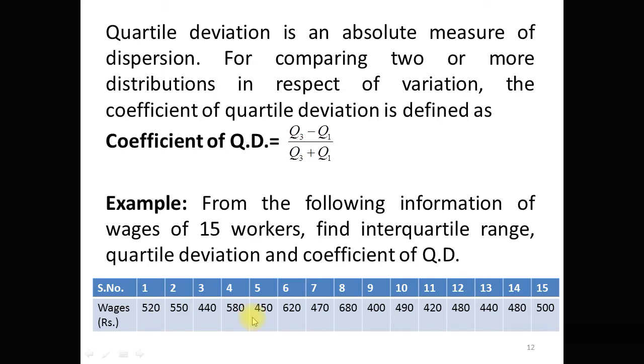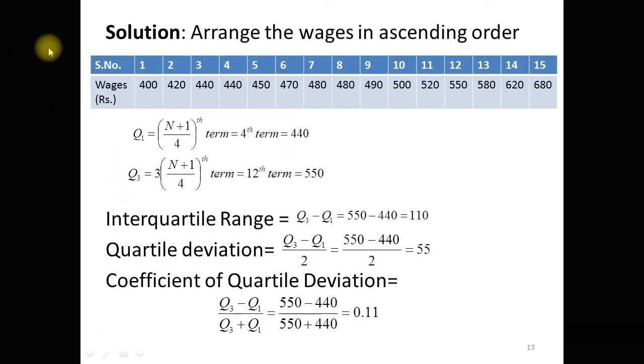Now, dear students, first of all, arrange the wages in ascending order. So the ascending order of the wages, like you see over here, starts from 400, and at the end the last value is 680. Now first of all, find the first quartile.